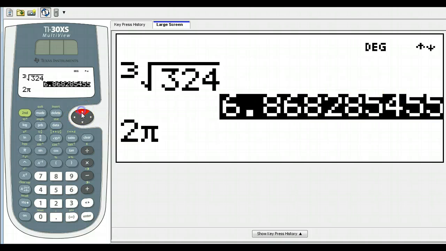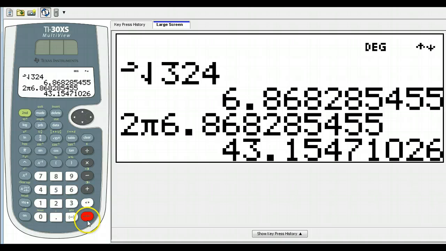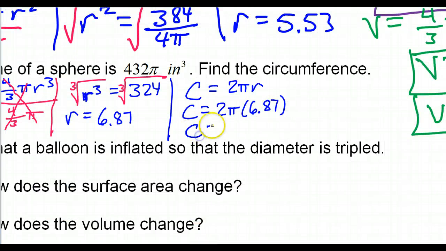If I go up and hit enter, it jumps down here. So 43.15. The circumference is 43.15. That is the best answer, and this is going to be inches. And that is how you do that.